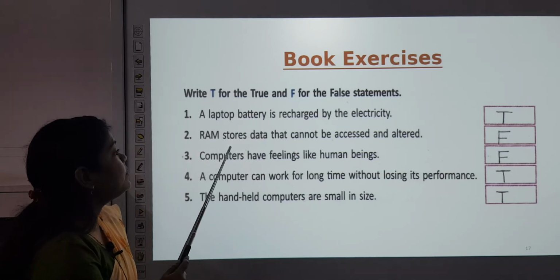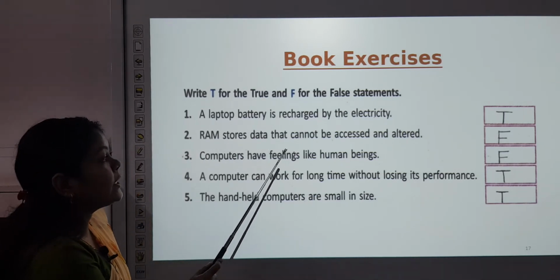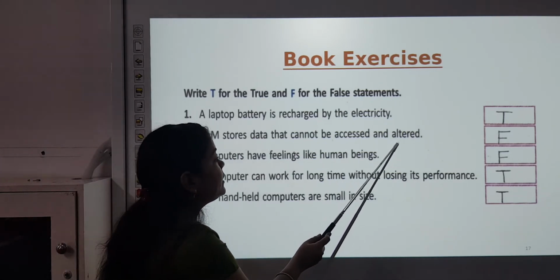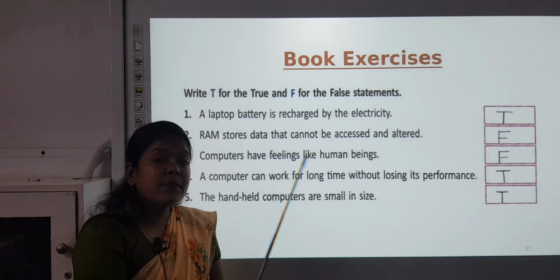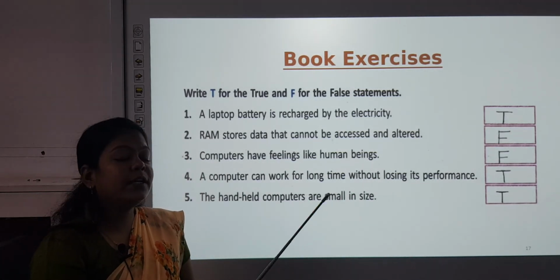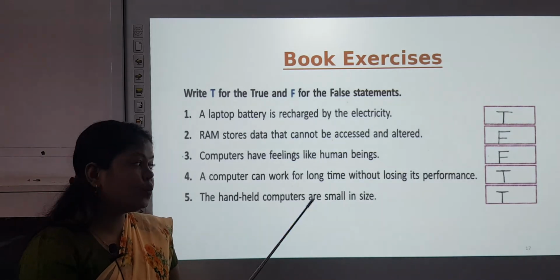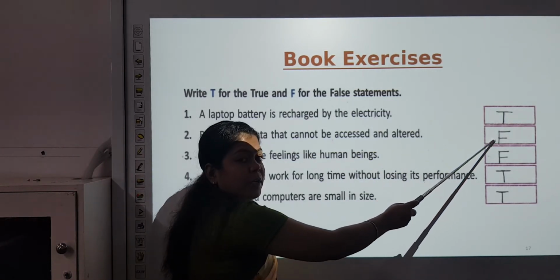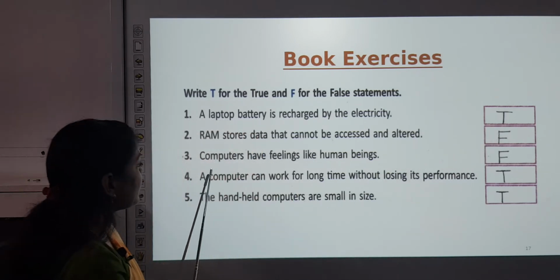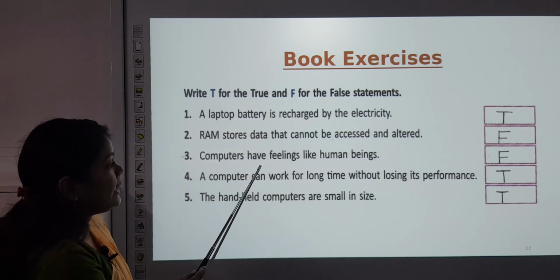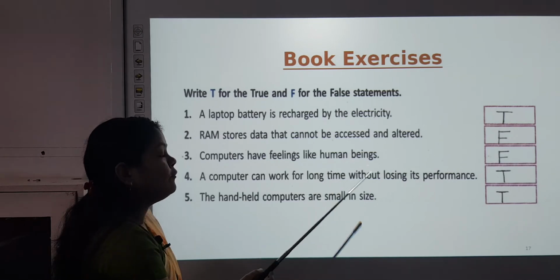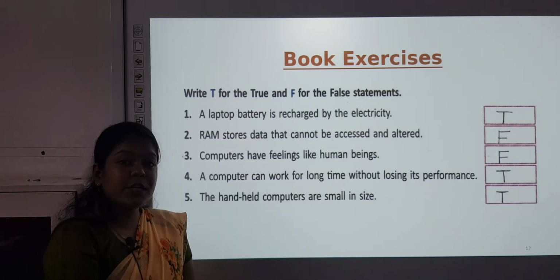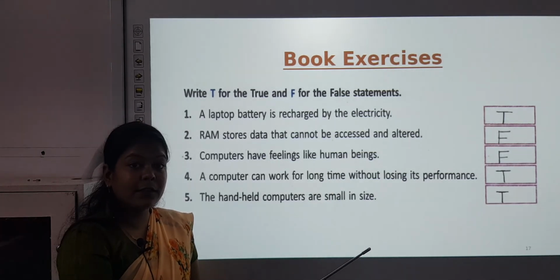Next, RAM stores data that cannot be accessed and altered. But we know RAM is the primary memory and the data stored in the RAM can be used by us and changed by us. So, it is false. So, you have to write capital F here. Next, computers have feelings like human beings. We all know computer is a machine, so it can't have feelings like a human being.